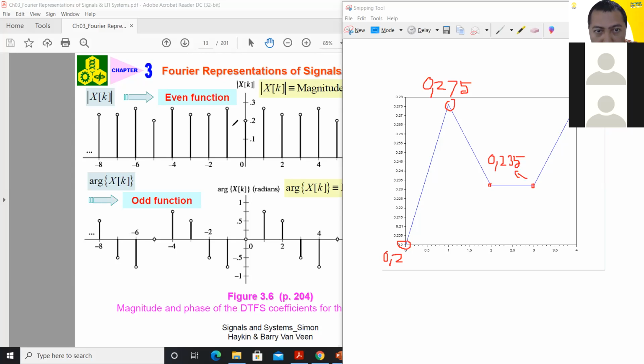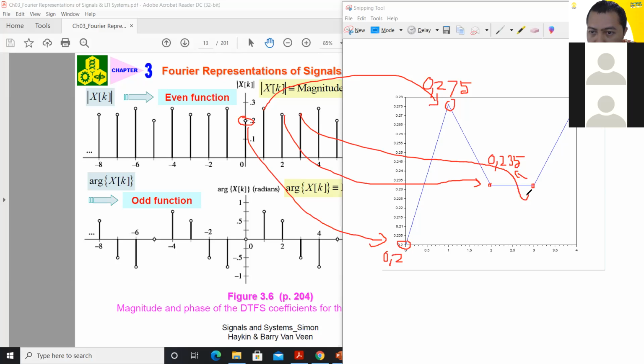If you look at this one, this point is equal to this point, 0.2, right? And this one equals this one, this one equals this one. Is that clear? Can you see? Yes, sir. So the result is the same, right?